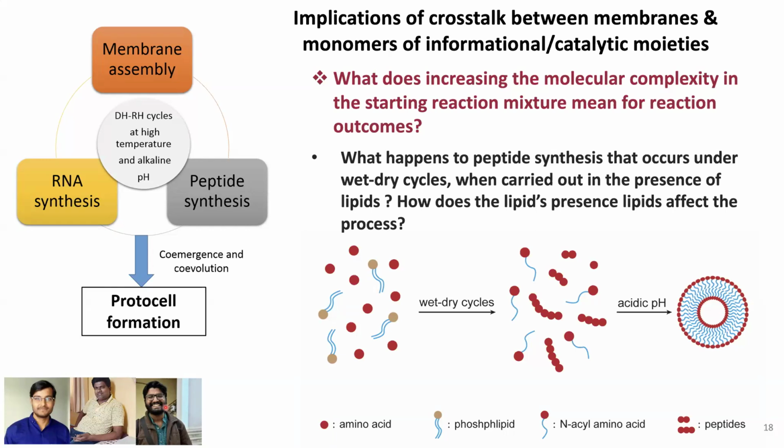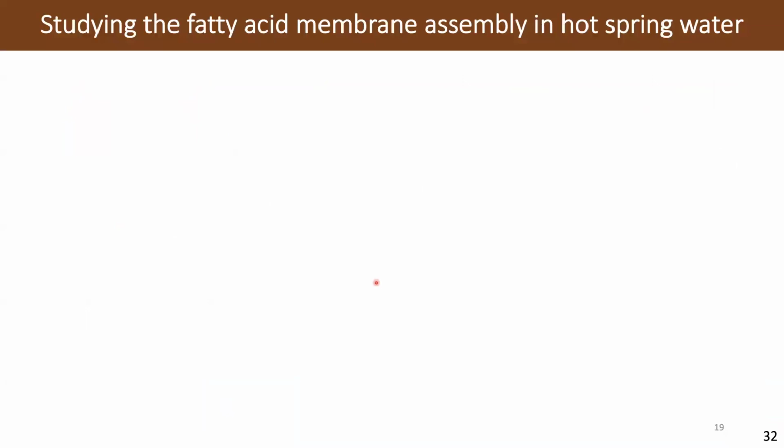You don't need to understand too much more, but he wanted to understand how increasing the molecular complexity of the starting reaction mixture in like what might have been present in an analog environment hot spring, how will that affect the crosstalk between the membrane and the monomer, which results in the catalytic moiety, basically amino acid based entities. If you can stitch them together, these balls of red strings like a red pearl string, these are actually short peptides. So they can, in principle, readily form during the dehydration stage. But if they are present in the presence of your membrane forming monomers, suddenly things start happening differently. But that's beyond the point now.